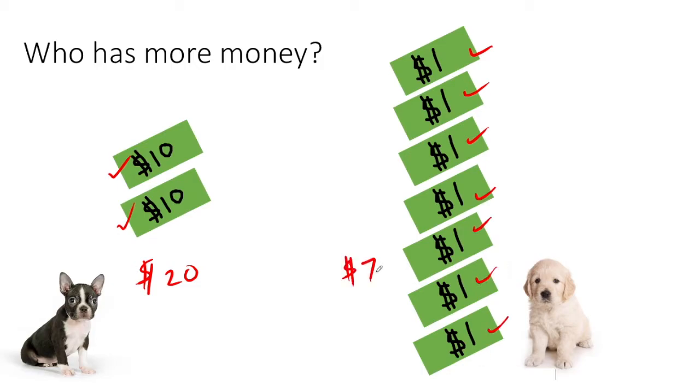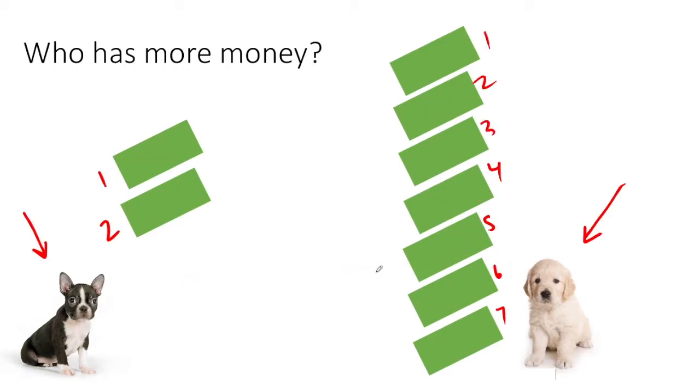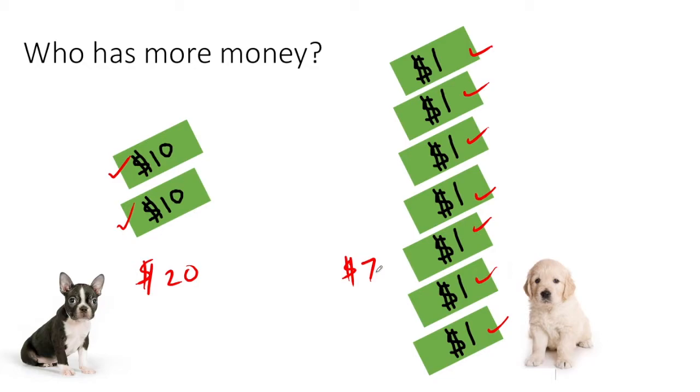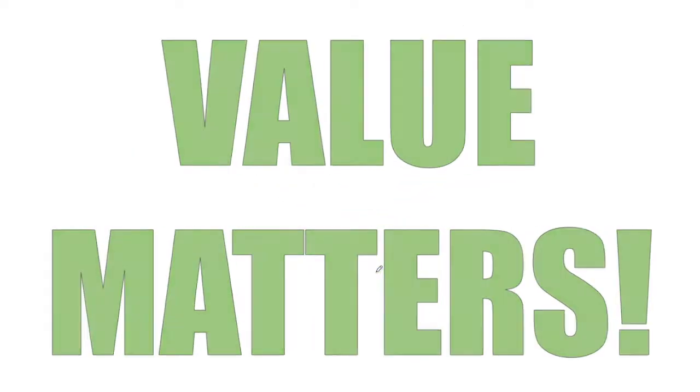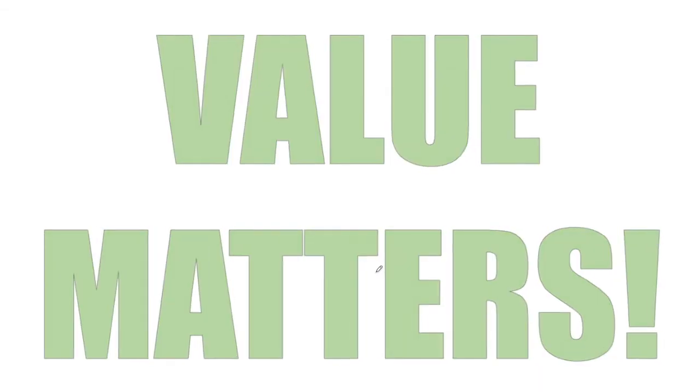It's not just about the number of dollars like back here. It's also about the value of the dollars, how much the dollars were worth, whether or not the dollars were $10 bills or $1 bills. In other words, the value matters when we compare.